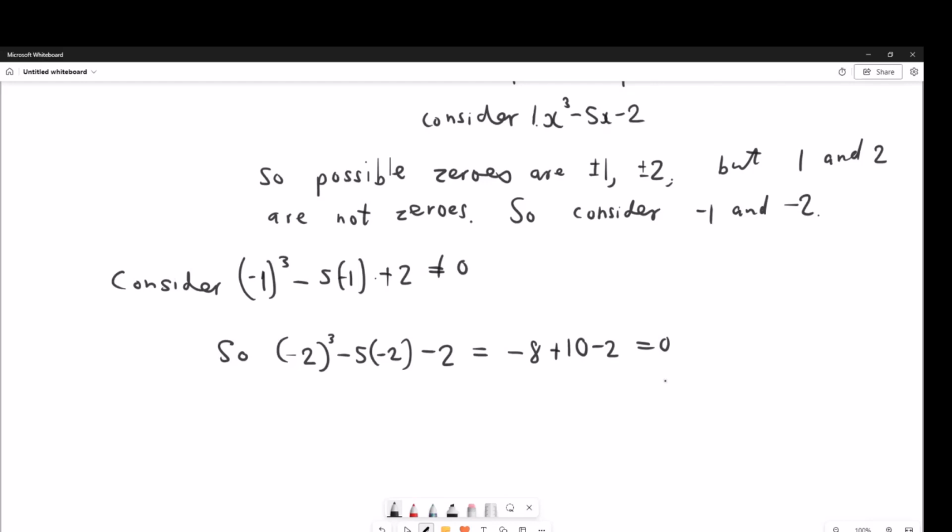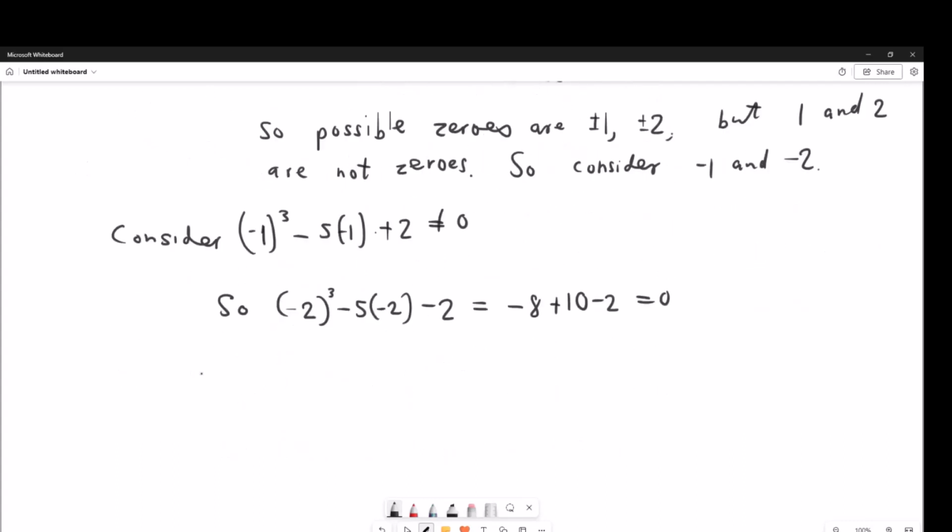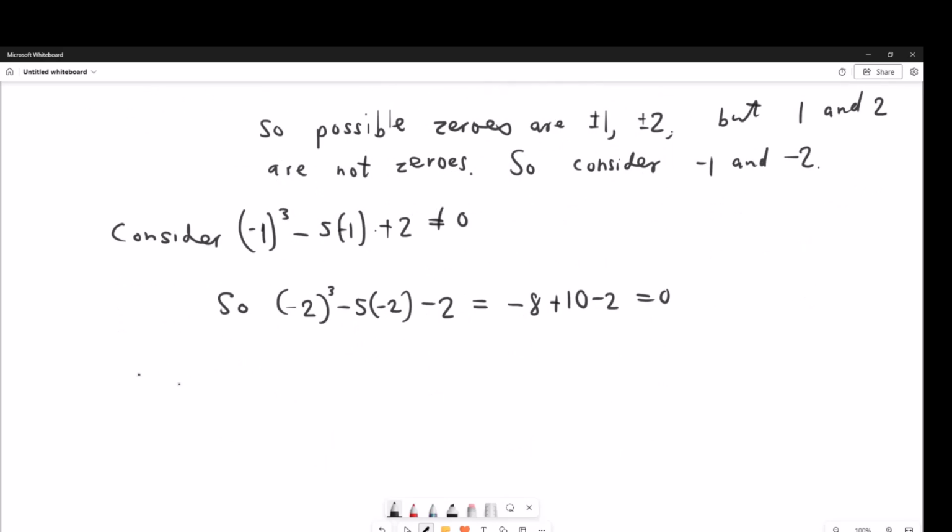So we can see that -2 is indeed a root. It's a 0 of x to the 4 minus 5x cubed minus 5x squared plus 23x plus 10. If it's a 0 of the smaller polynomial, then it's a 0 of the polynomial with greater degree also. You can test that, okay? And if that's the case, then x plus 2 is a factor.